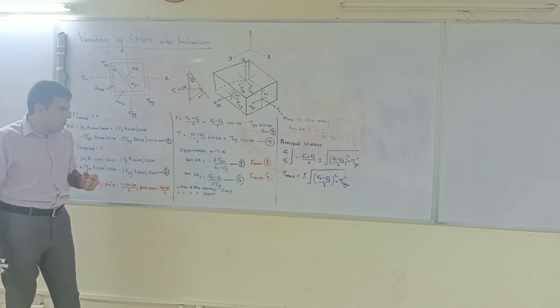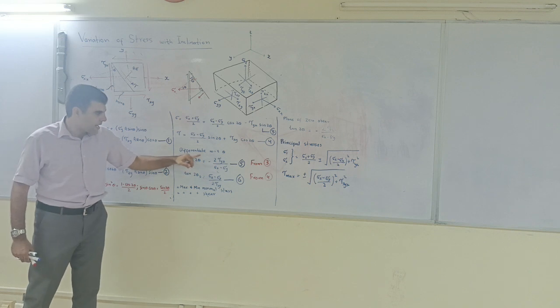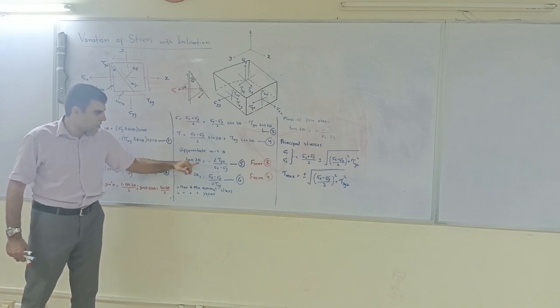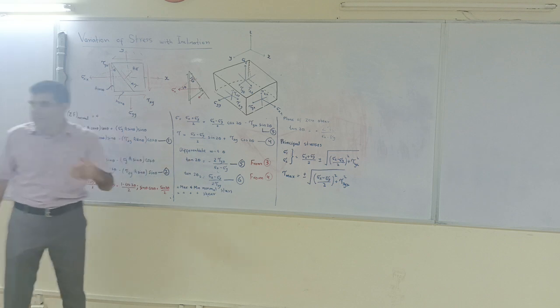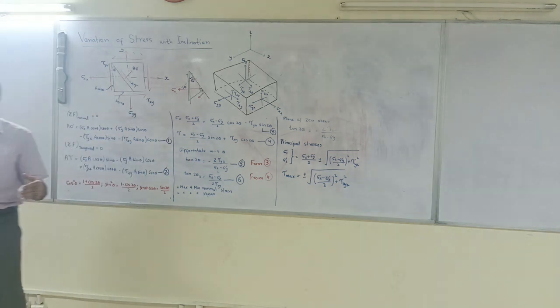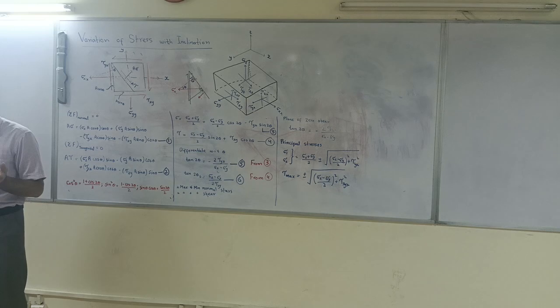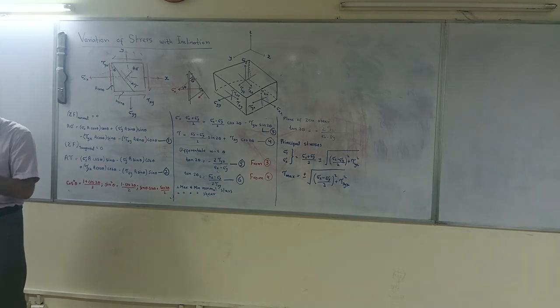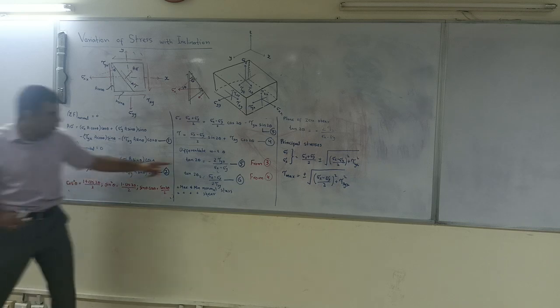Another thing to note is that the period of tangent theta is 180 degrees. Yes, the period of tangent theta is 180 degrees. After every 180 degrees, it repeats itself.